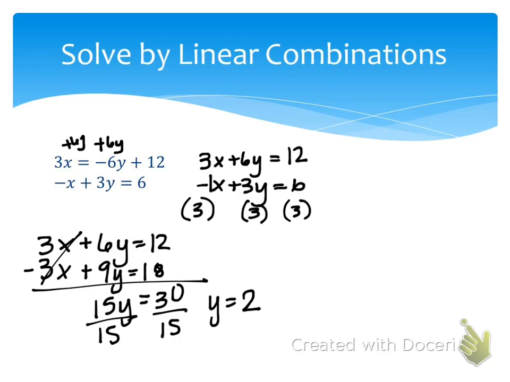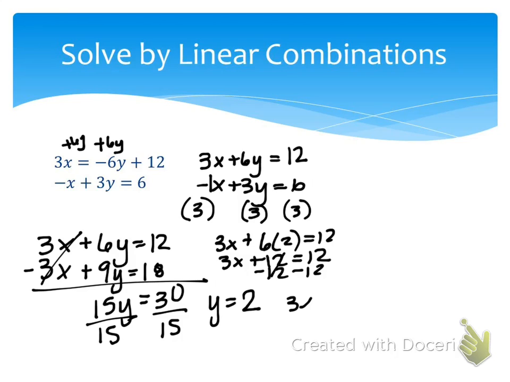Then I plug it back in. Any one of the equations will work. So I'm going to do 3x plus 6 times 2 equals 12. 3x plus 12 is equal to 12. Subtract 12 on both sides, and I get 3x is equal to 0. Divide by 3, and x is equal to 0. Okay? That's how you do solving by elimination.